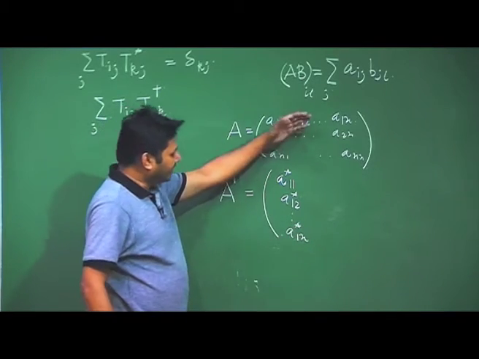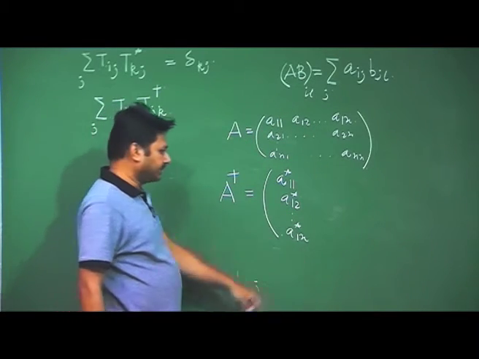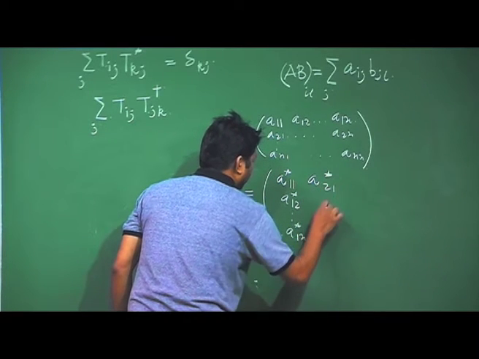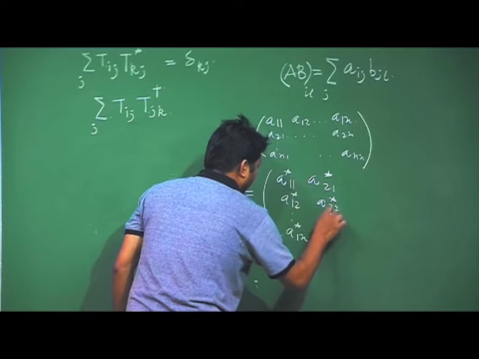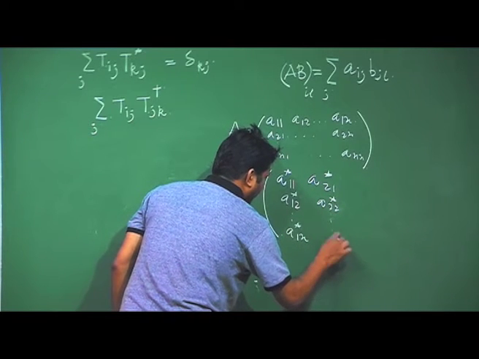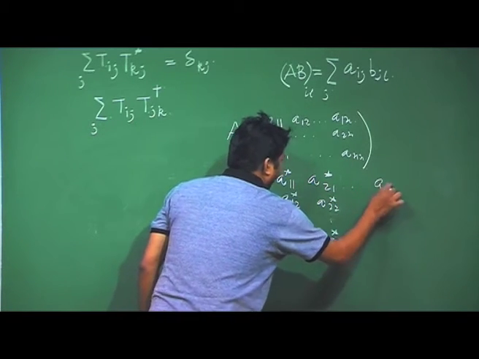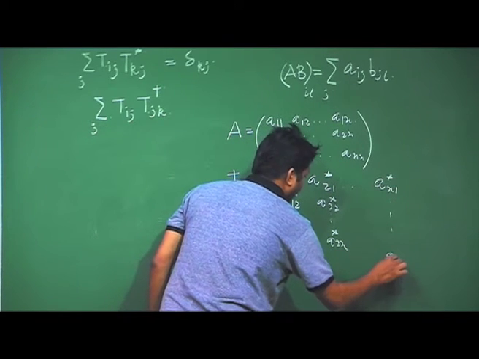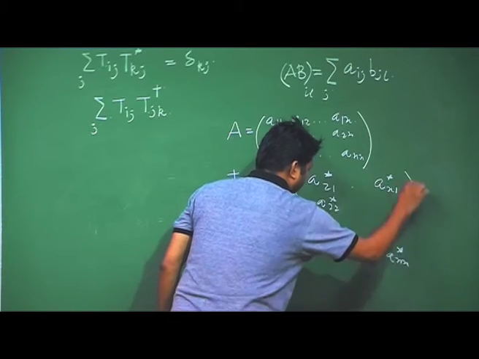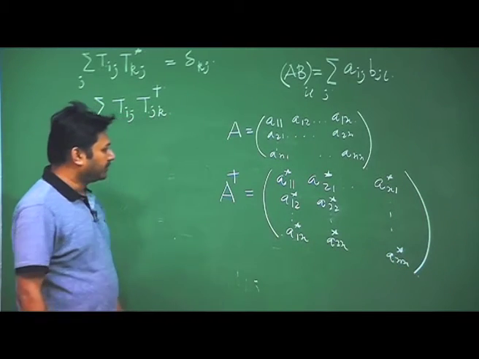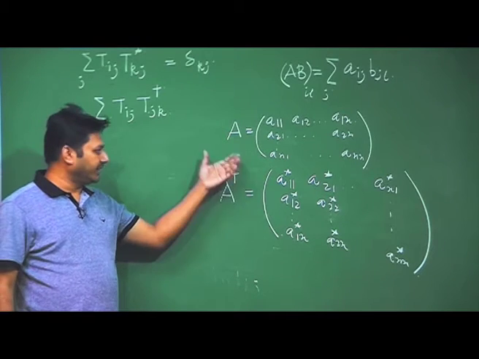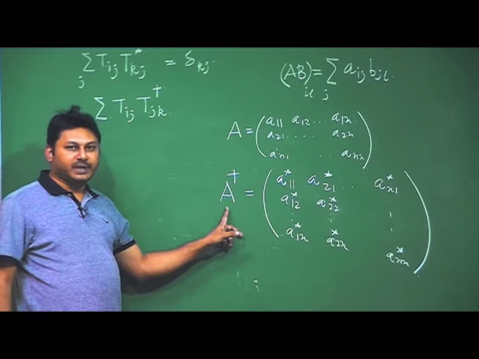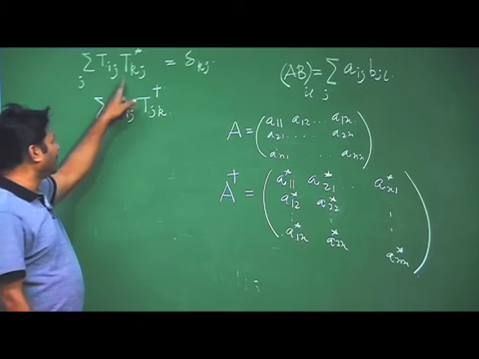I make a transpose of this and then make a star of that: A21 star, A22 star, A2n star, An1 star to ANN star. So, transpose plus complex conjugate. One matrix is given, I make a transpose and then a complex conjugate. Whatever matrix I get, I can write as a dagger. So here I am doing the same thing.